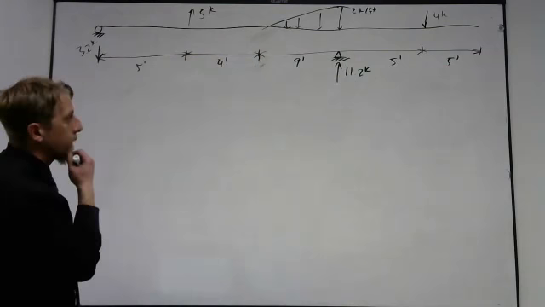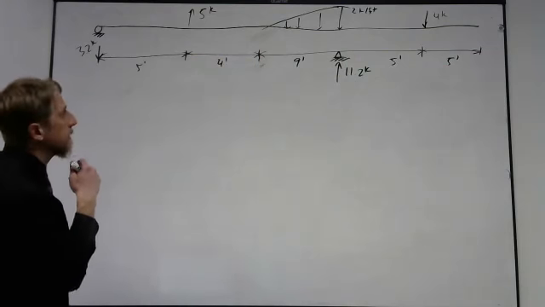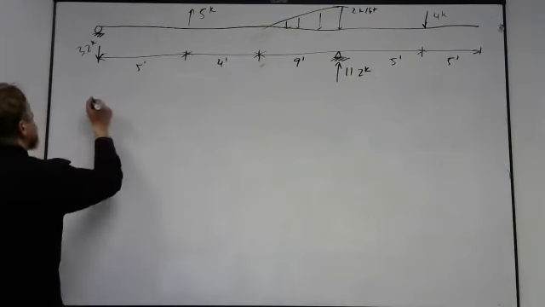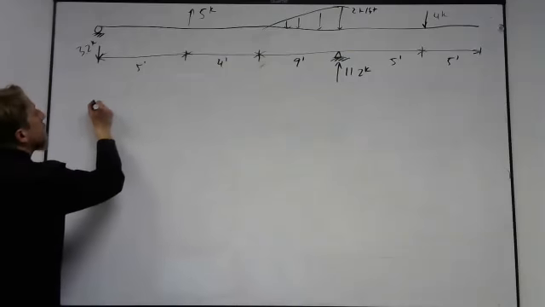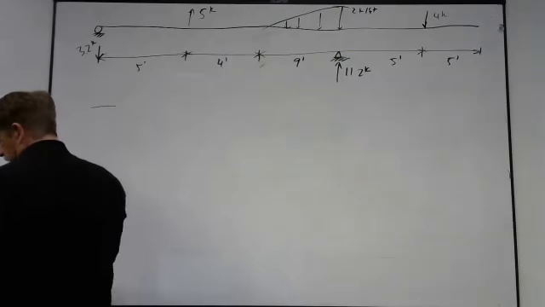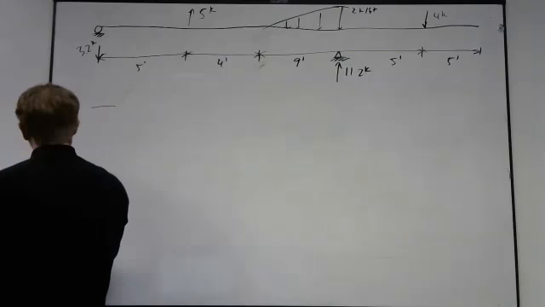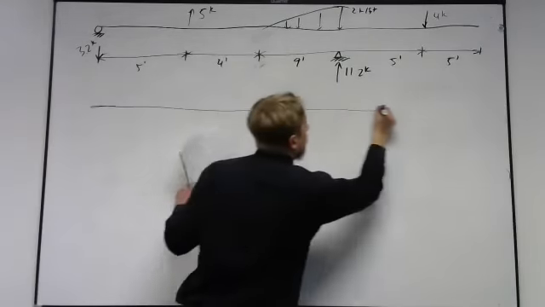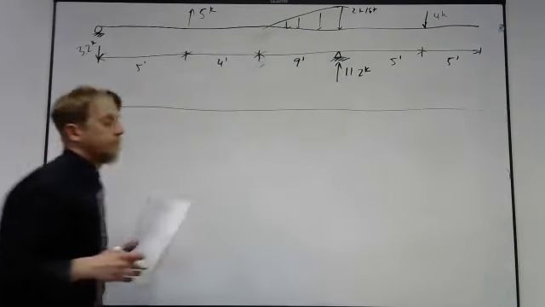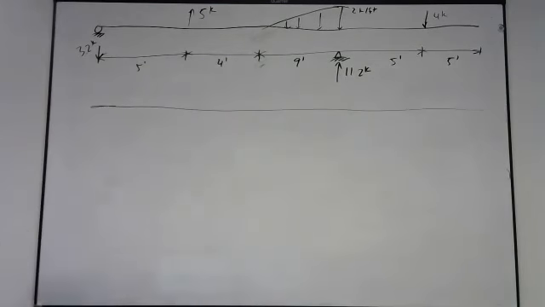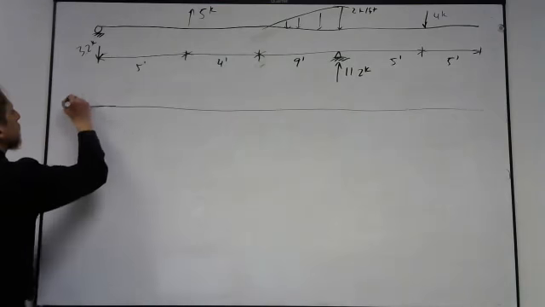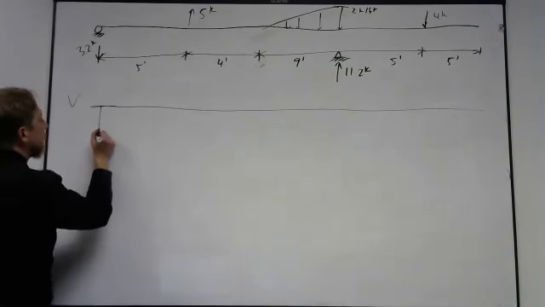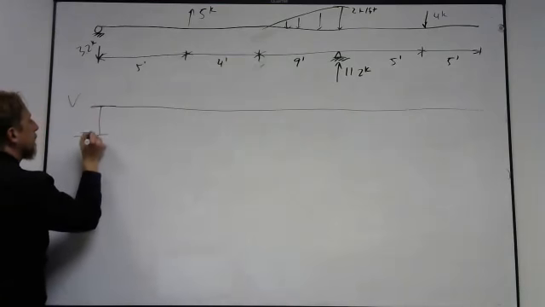Okay, where do I start? Well, I'll start where we always start, shear diagram. And I'm going to follow the loads. Let me see what this looks like. I think I gave this on the final, maybe. It's not that bad. Okay, this is V. Follow the loads, go down by 3.2.